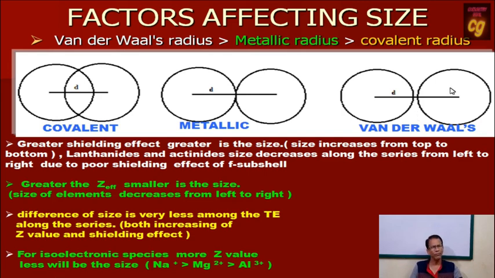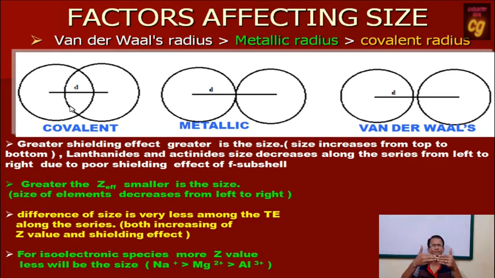Van der Waals force is the weakest force, a very weak force. There is some gap between the atoms. But in the case of metallic, the two atoms just touch each other. In the case of covalent, the atoms' shells and subshells overlap each other. Here both atoms overlap each other, just like this.